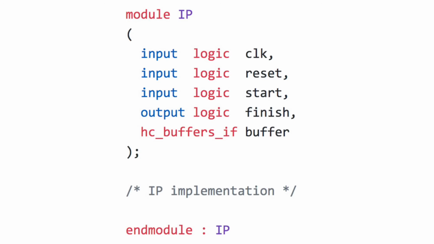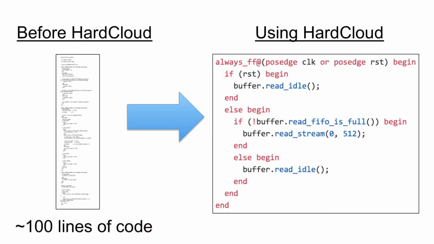Here is a simple example of a stub for a SystemVerilog IP. To request data from the shared memory without HardCloud, it is necessary around 100 lines of code.